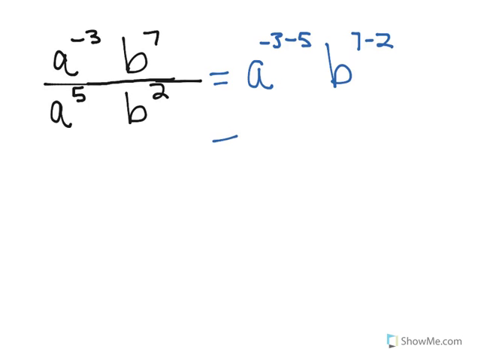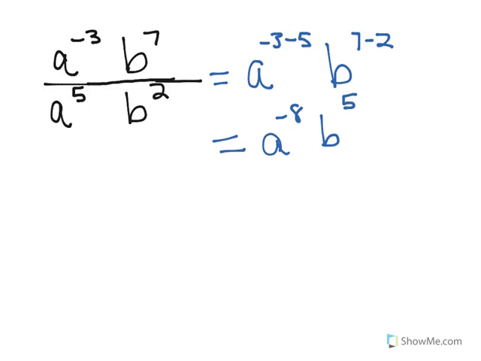So that becomes negative 3 minus 5 is a negative 8, and then b to the 7 minus 2, or b to the 5th.